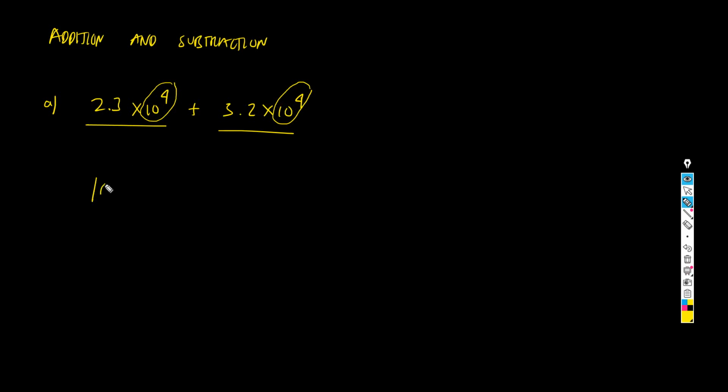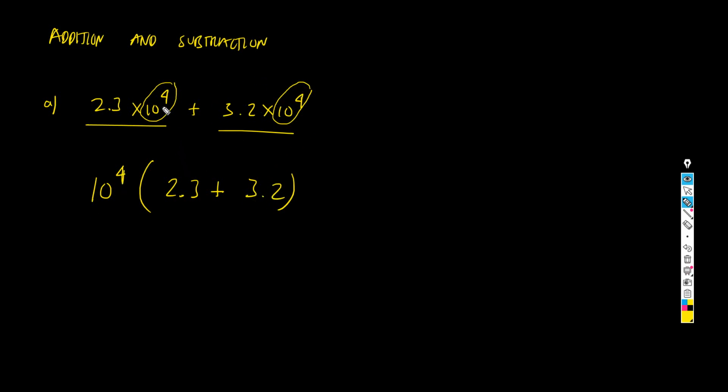So why not we take it out as a common factor? So we have 10 to the 4 that multiplies 2.3, because if I multiply this times this, I get all of this, right? And then plus 3.2, because 10 to the 4 times 3.2 gives me all of this number.